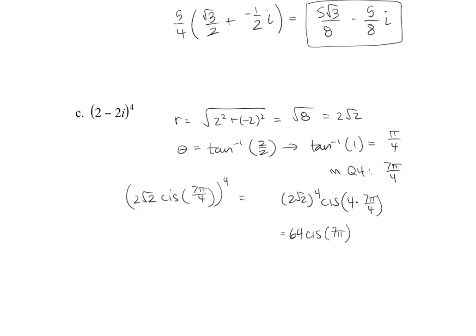So now changing this back into rectangular form, we have 64, and then cosine of 7 pi is -1 and the sine of 7 pi is 0. So this is equal to -64.